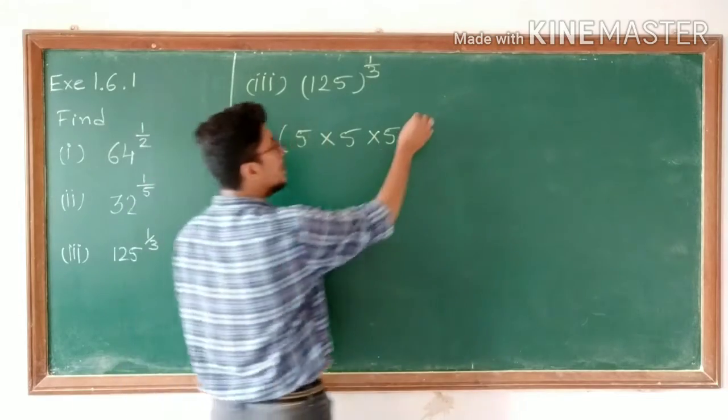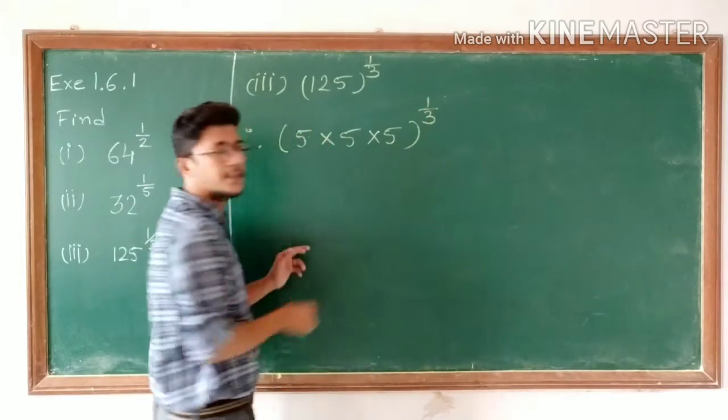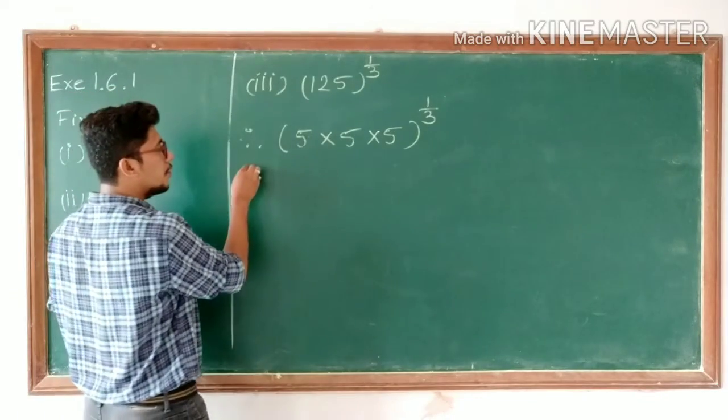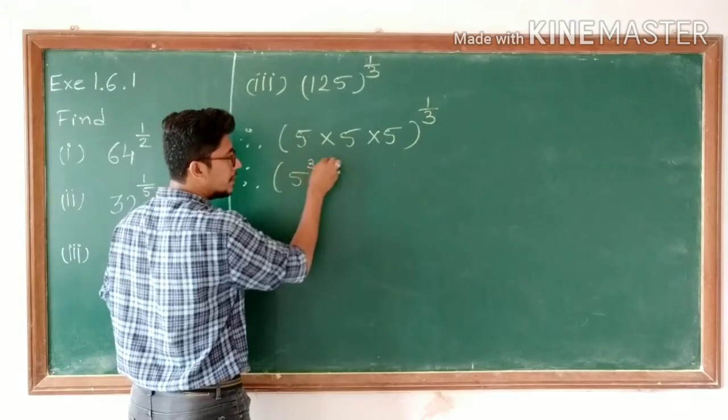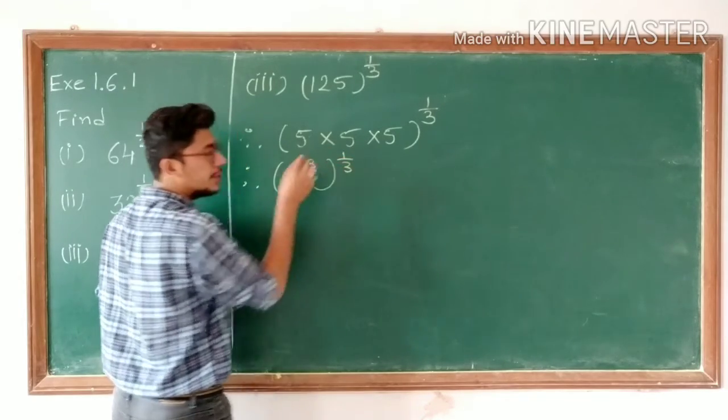125 to the power of 1 upon 3. Yes or no? Yes. So for 5 into 5 into 5, can we write 5 power 3, to the power of 1 upon 3?